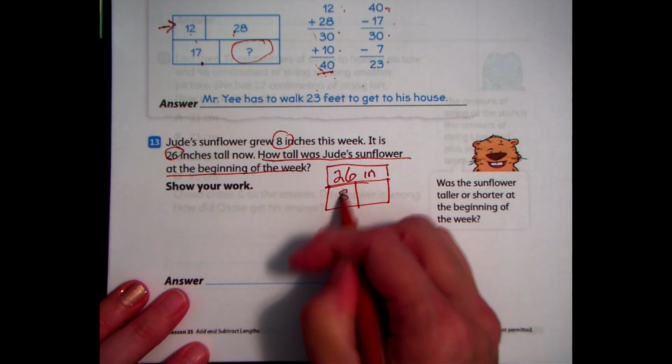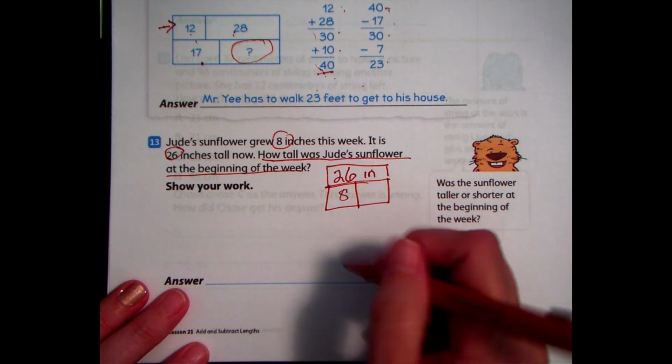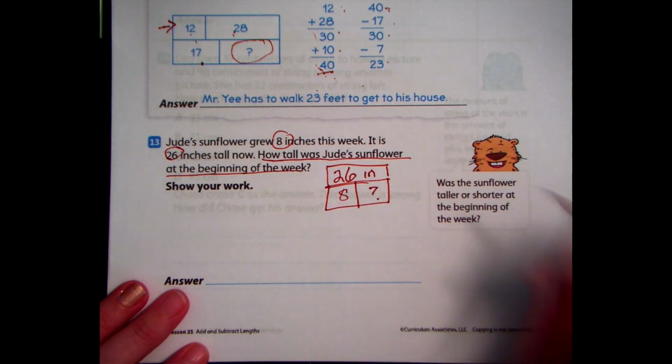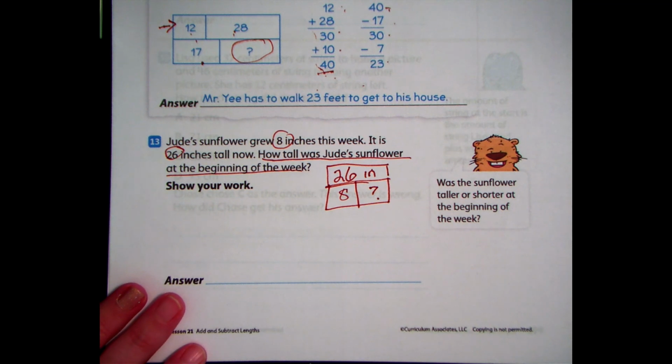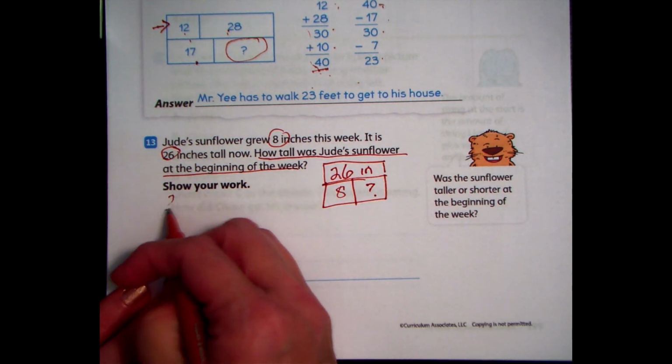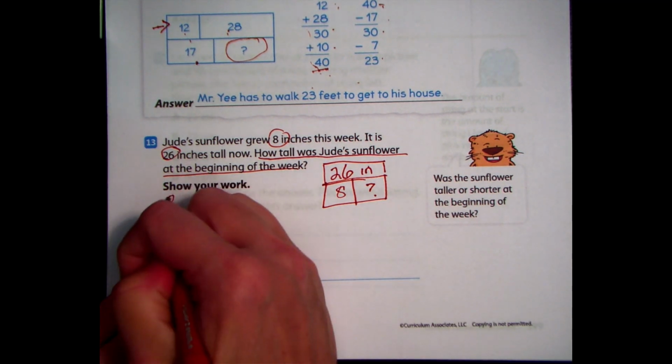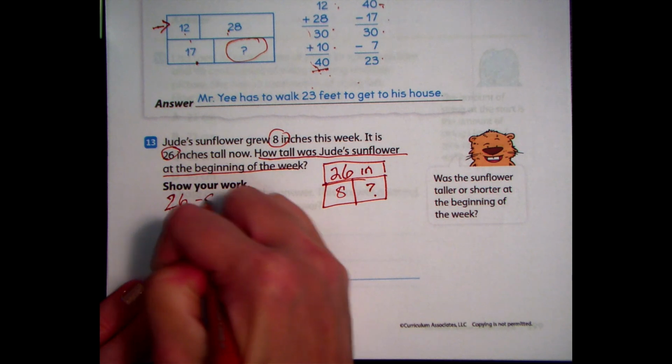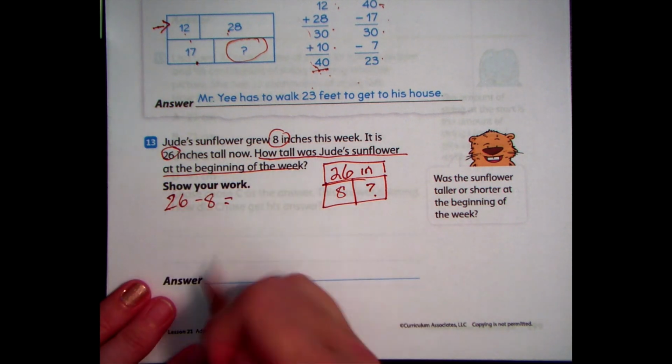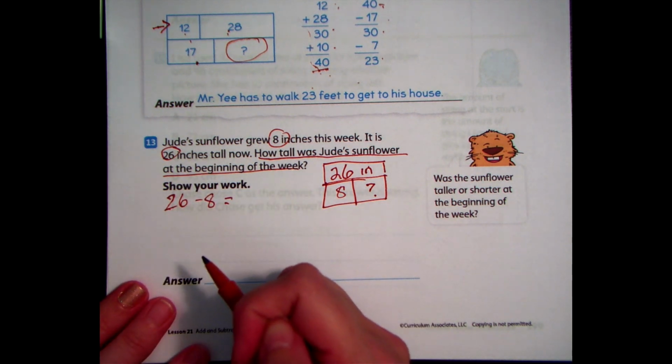Well, it grew 8. What did it start out as? So what do I need to do here? Correct, I need to find 26 minus 8 to give me the beginning number.